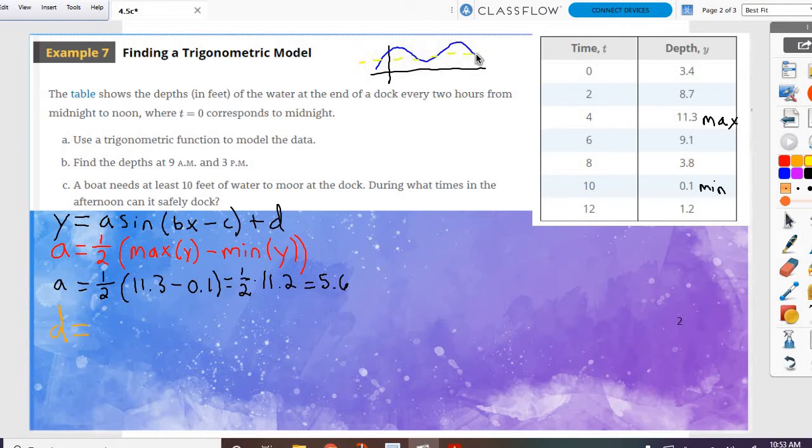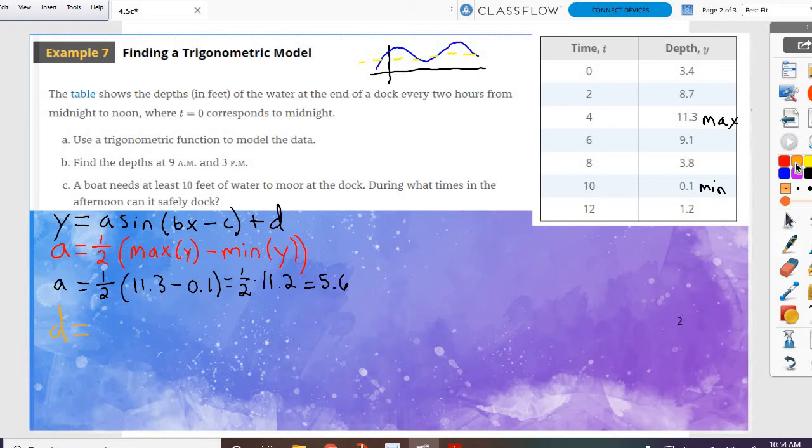But notice that, pretending that that's in the middle like it's supposed to be, remember that whenever we shift, our minimum and maximum still have to be A units away from our new x-axis. So your D value, that imaginary line that we've created, has to be exactly in between your minimum and your maximum. So we need to find the midpoint, the mid value, or the average between those two things.